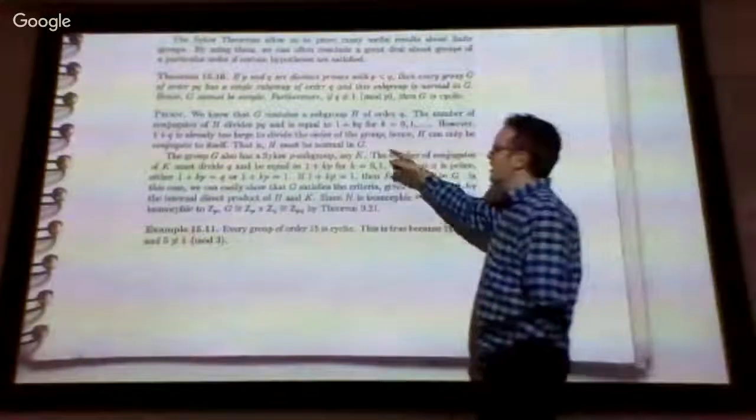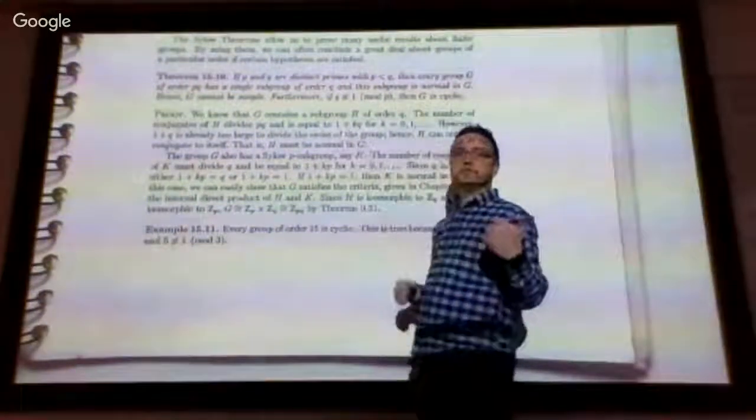So the possibilities for the number of them that there are is 1. And the next number that's congruent to 1 mod q is q plus 1. The next is 2q plus 1. Right? But the third theorem also tells us the number of them also divides the order of the group.